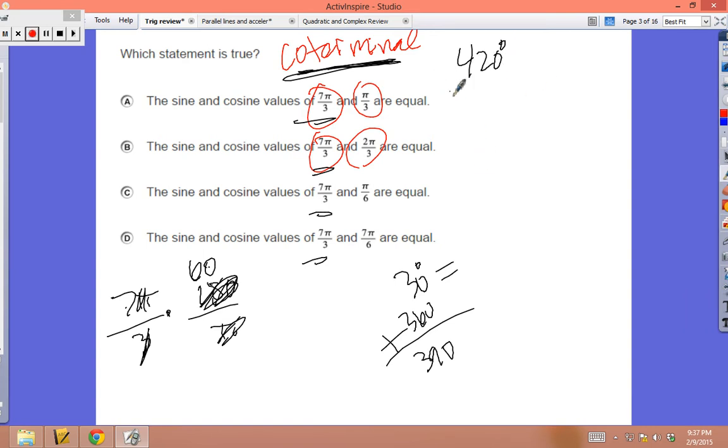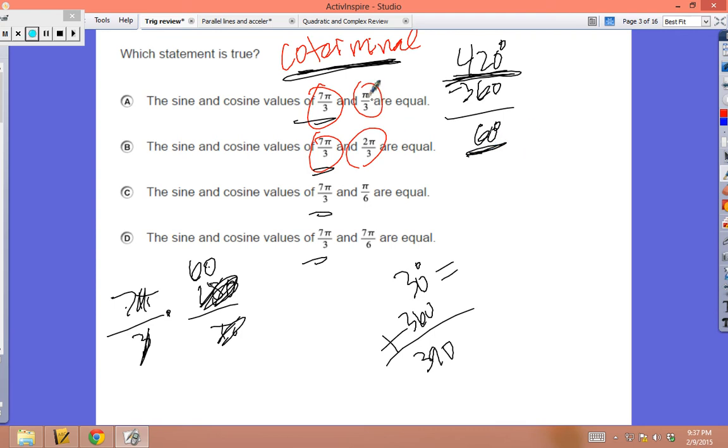So if I do 420 minus 360, what we are looking for is 60 degrees left over. So the trig on 420 is going to be the exact same as the trig on 60.